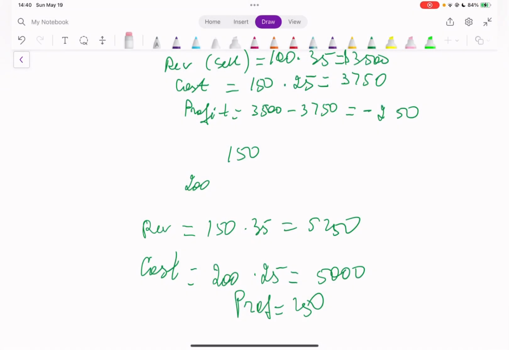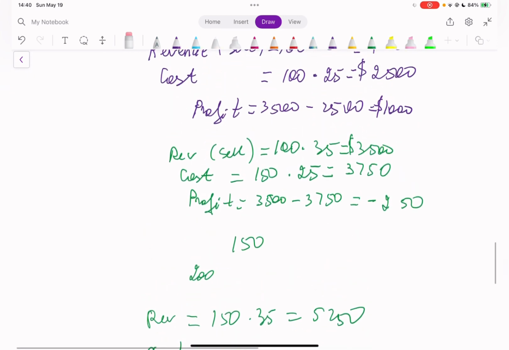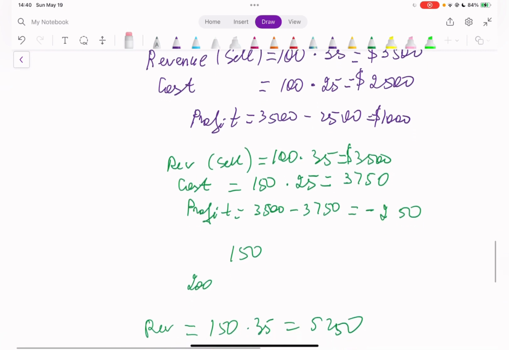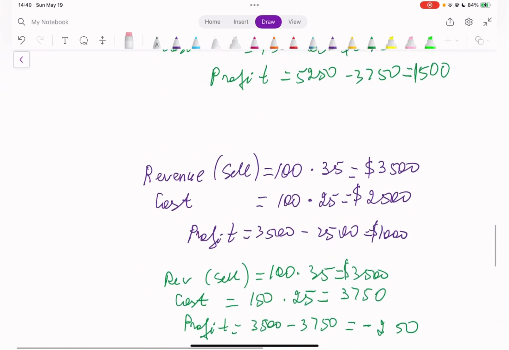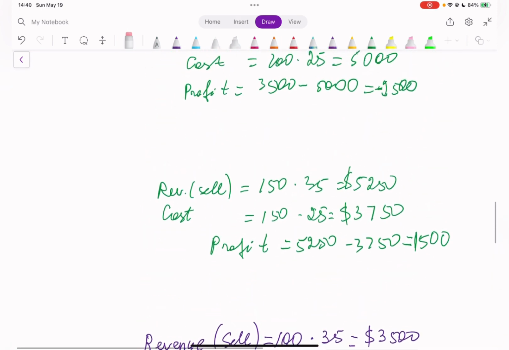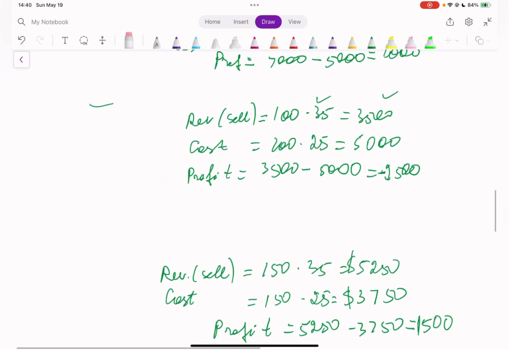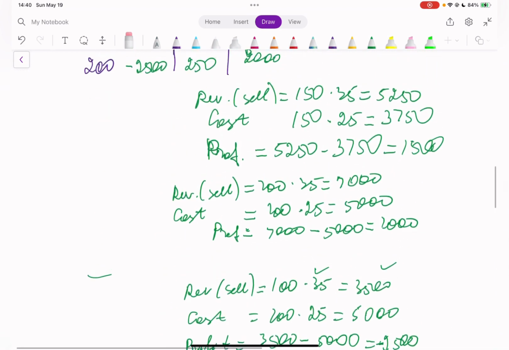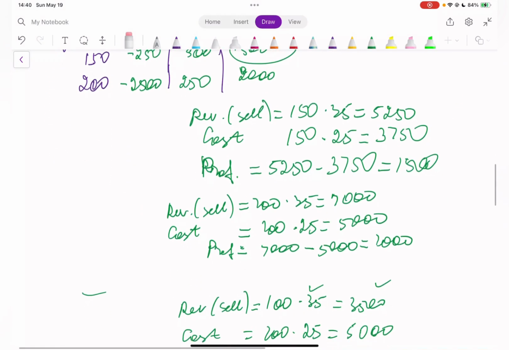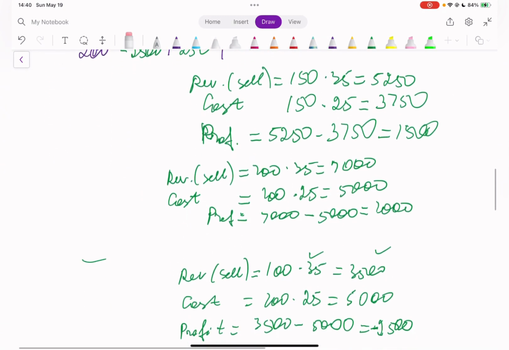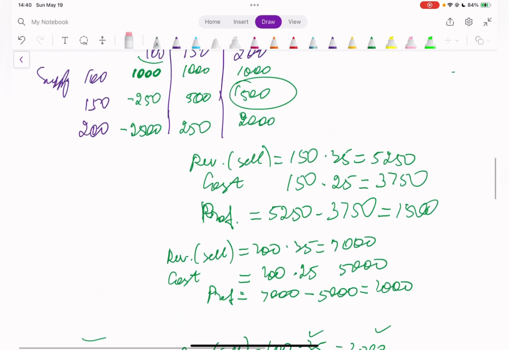So 150, 150. 150, 200. I don't see it. Revenue 200, 200. This is 150, 150 together.